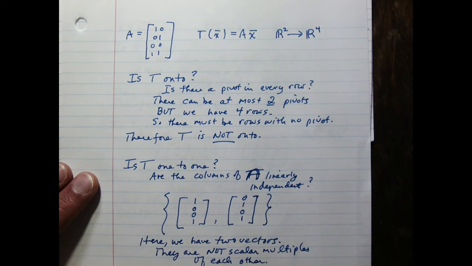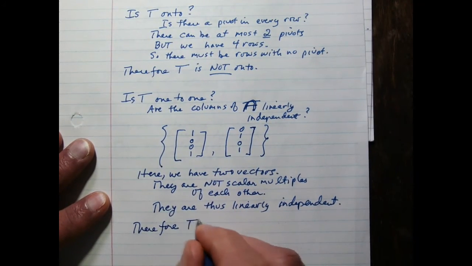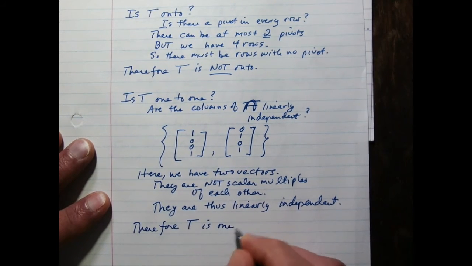So by our shortcut, they are thus linearly independent. That was from 1.7, where we made the observation that 2 vectors that are not scalar multiples of each other are going to be independent, and therefore T is one-to-one.